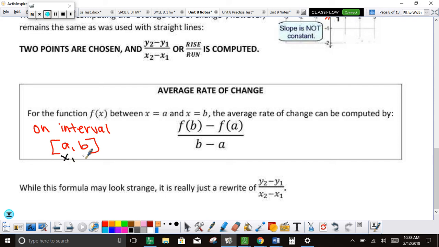This will be x1 and this will be x2, and you plug them in to find the y value. So this is my function at B, I plugged B in. This is my function at A, I plugged A in, and I got something over B minus A. It's a really fancy way of just saying this. I don't know that it's necessary to know that, but maybe to look at it.